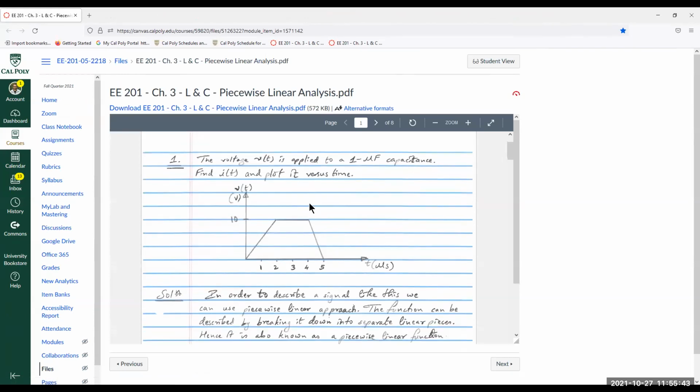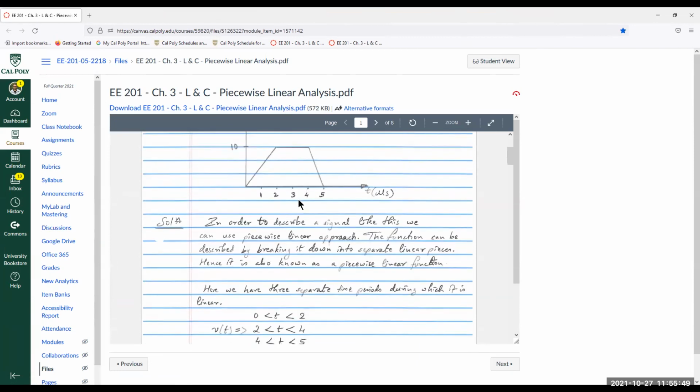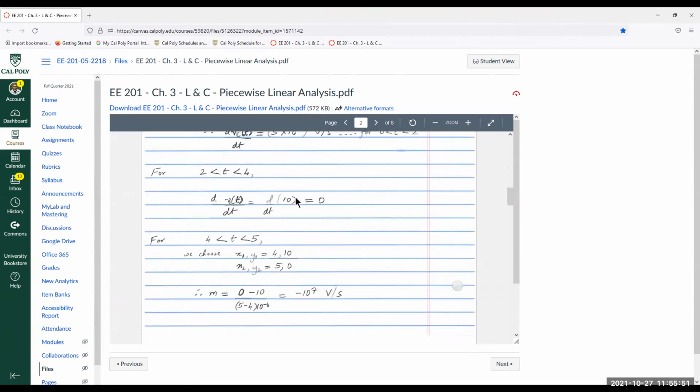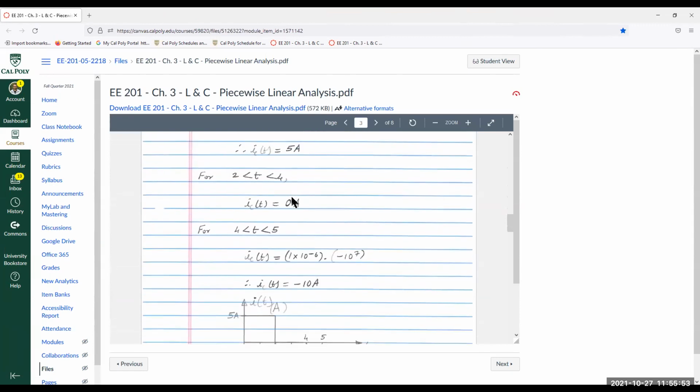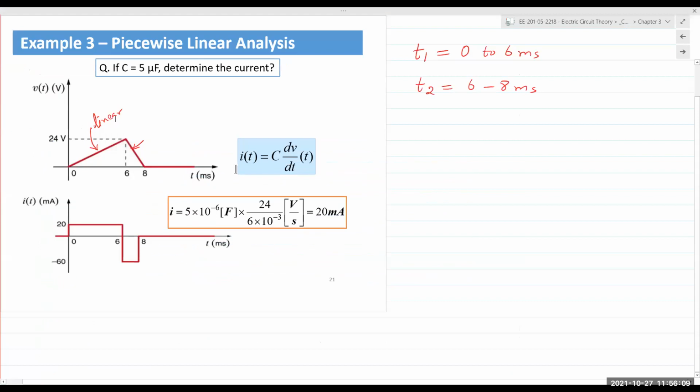So here you can see the voltage between 2 and 4 microseconds is 10. It's a constant, so when you find the current, it's going to be 0. And so when I plot it between 2 and 4 seconds, current for that capacitor is 0. Make sense? All right, let's go back to our current problem and finish solving this.